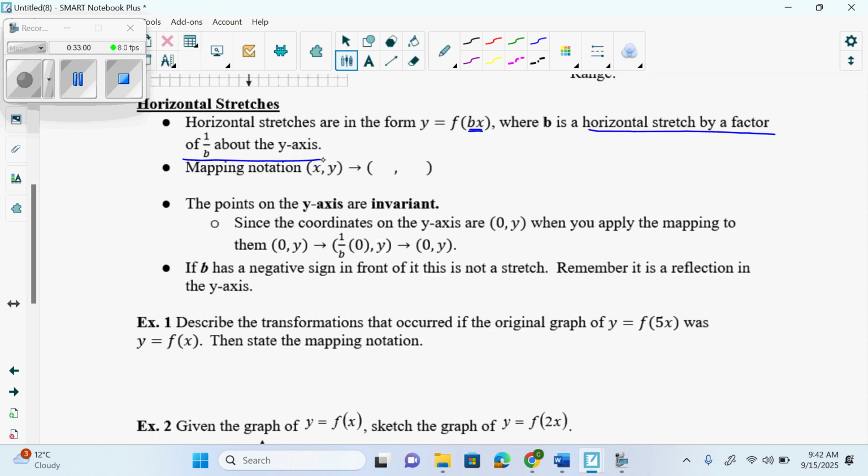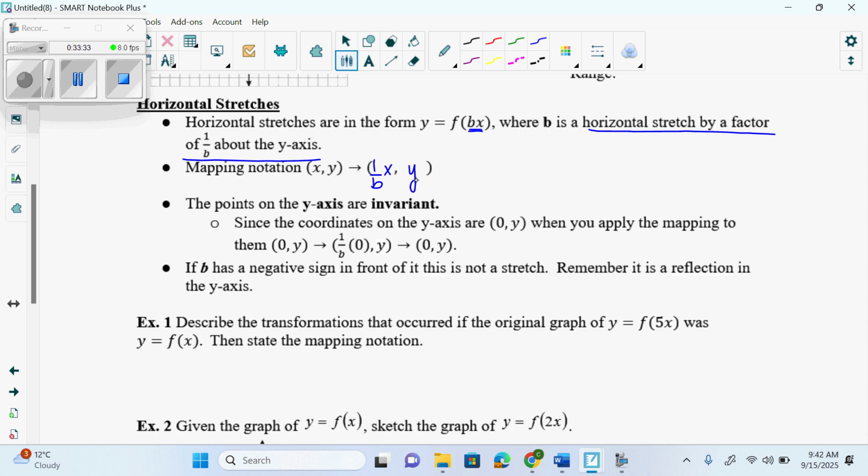Okay? So the only thing on an x that stays the same is a reflection, because you can't really flip a negative. It would be positive and that would be stupid. So the reflections all say negatives, but from an equation to words and mapping, your x's switch horizontally in transformations, and they also flip as a stretch. They reciprocate. So my mapping notation is going to be, sorry, that's a lie, it's going to be 1 over b x, y.